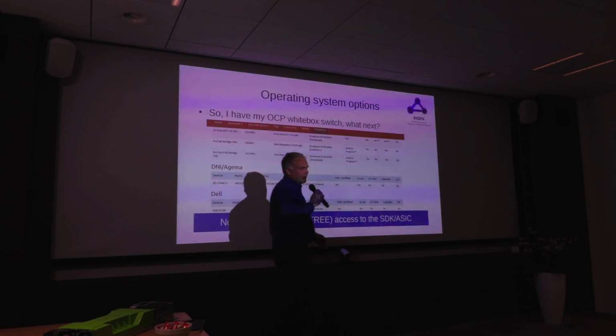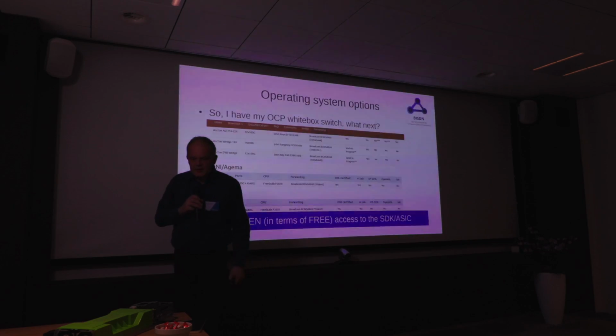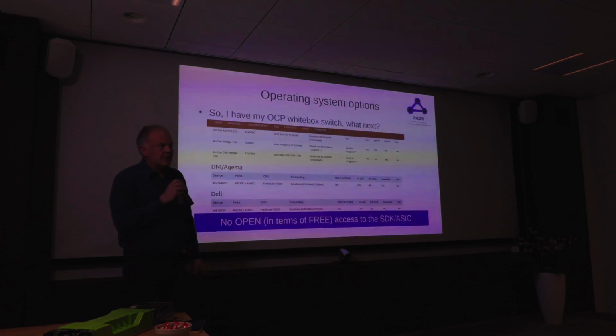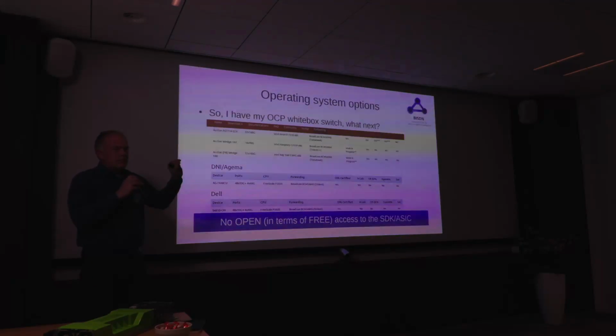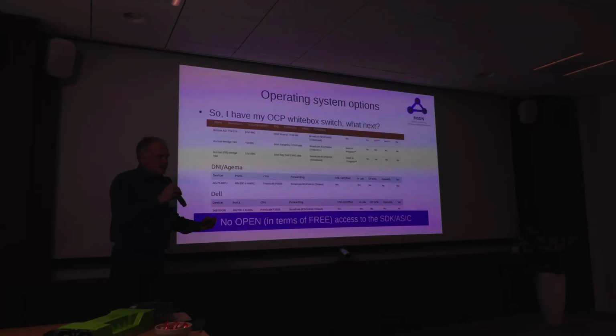What is ONL? ONL is a Debian-based Linux operating system that runs on the embedded system that actually controls the switching ASIC. As such, it is a fully complete Linux.